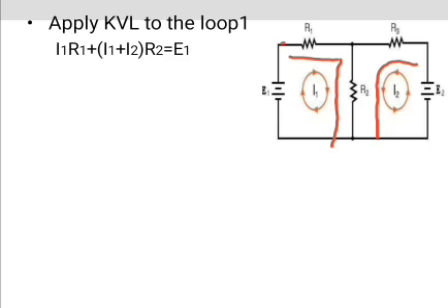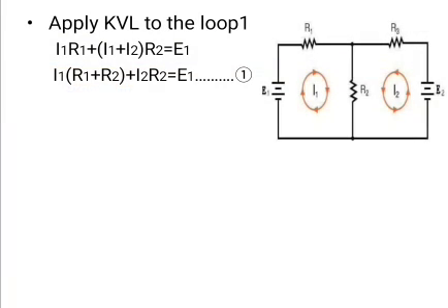(I1 plus I2) into R2 equals E1. That means the source voltage from negative to positive, the rise in potential, you must take positive, this side equals E1. So I1 into (R1 plus R2) plus I2 R2 equals E1.